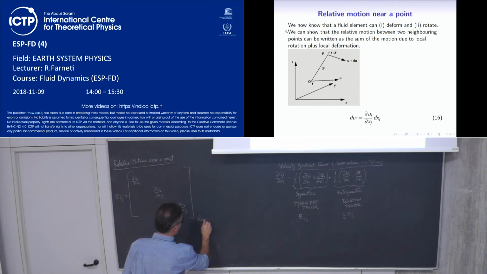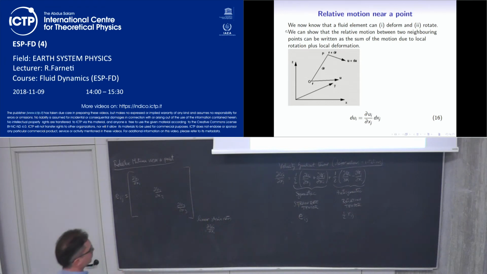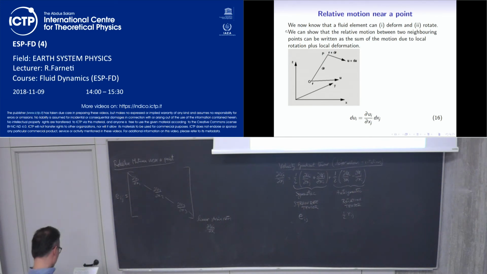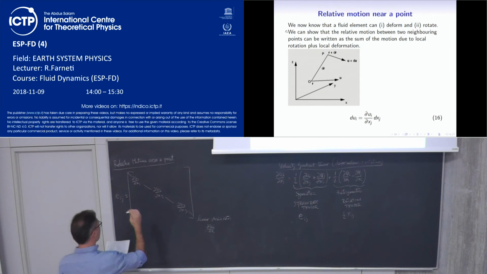Okay, these are the linear strain rates, which is the diagonal terms. And the off-diagonal terms, you can look at all of them, but I'm just going to write one.